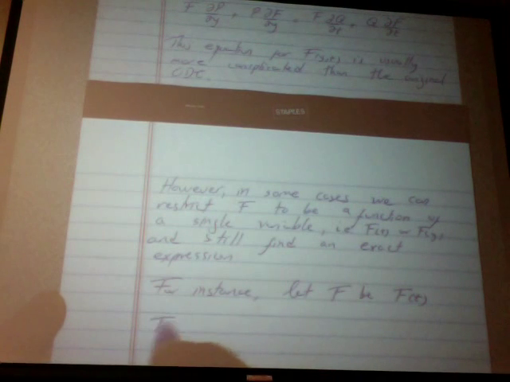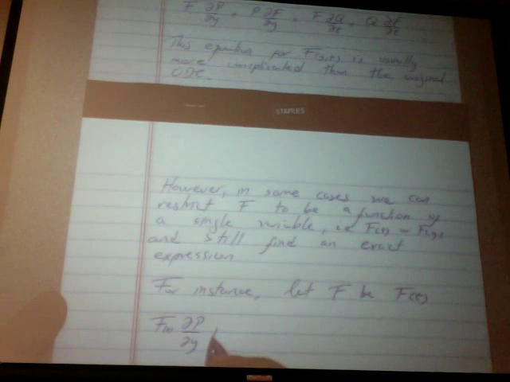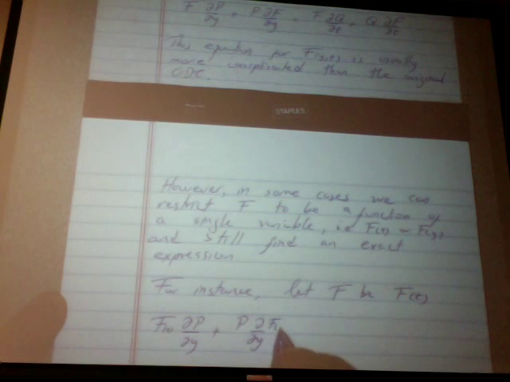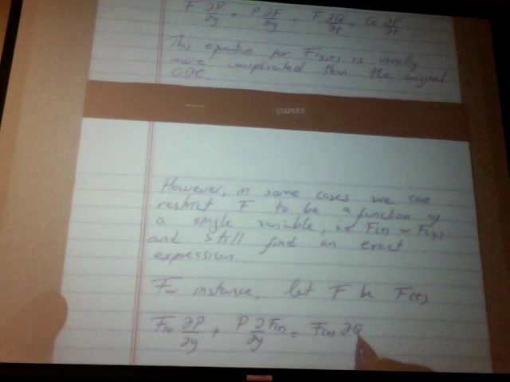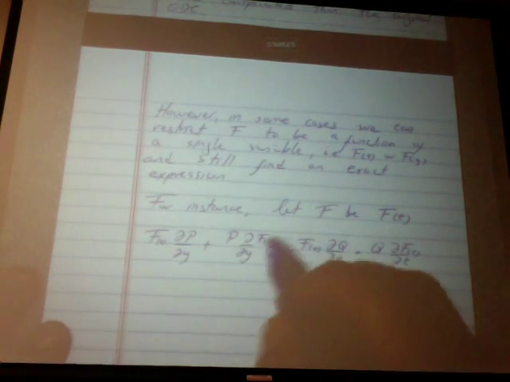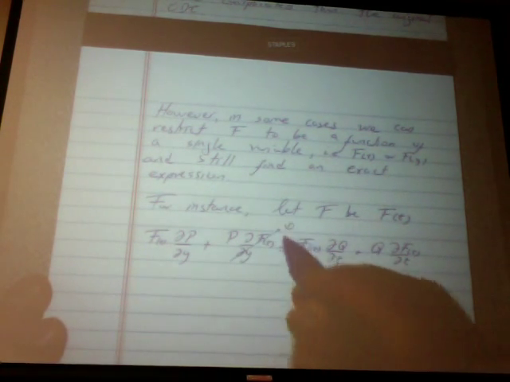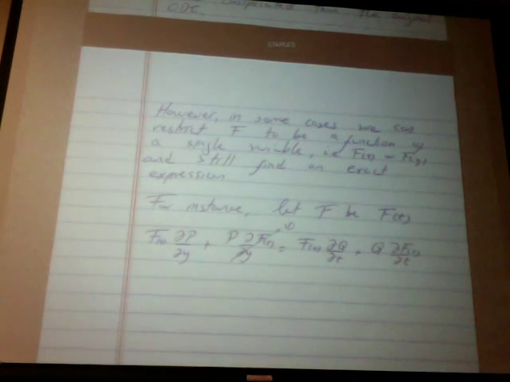We'll have f of t dP/dy plus P times d/dy of f of t is equal to f of t dQ/dt plus Q times df of t/dt. The derivative of f of t with respect to y goes to 0, because if it is a function of time only, then the partial with respect to y will vanish.